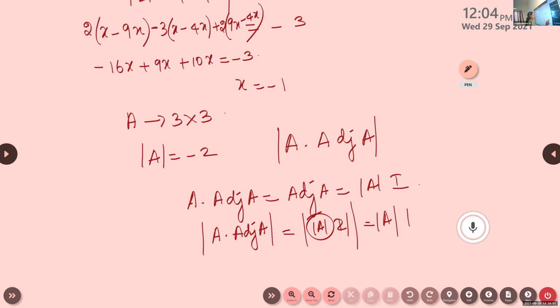It is determinant A into determinant I. What is determinant I? I means identity matrix. Determinant I is 1.